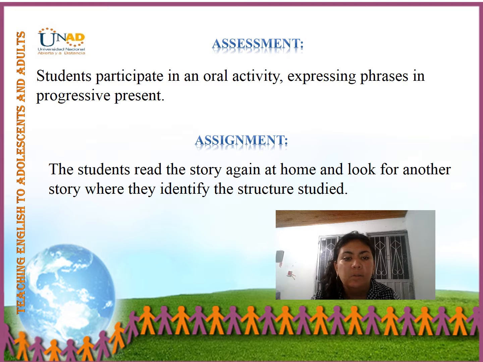Assessment: the students participate in an oral activity expressing sentences in the present progressive. Time: 15 minutes. Assignment: the students read the story again at home and look for another story where they identify the structure studied.